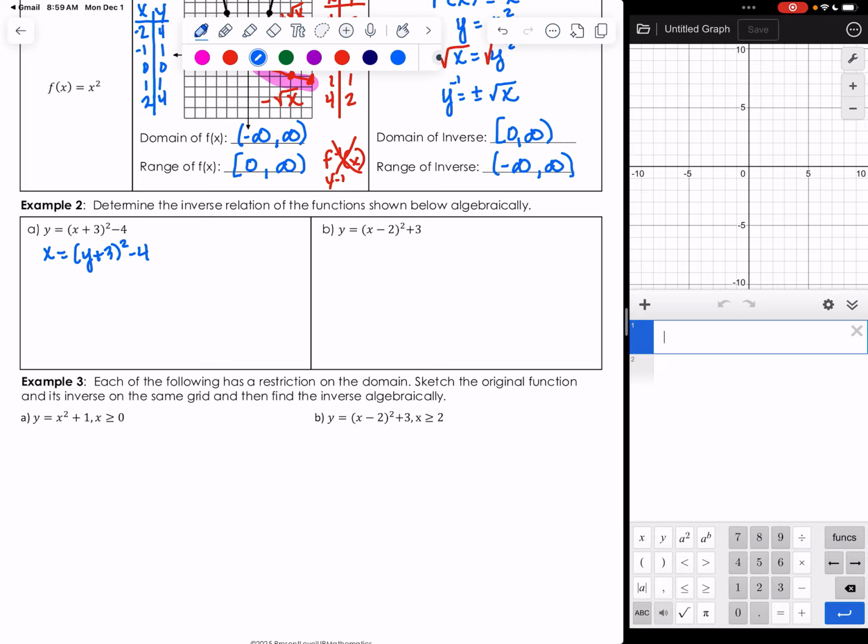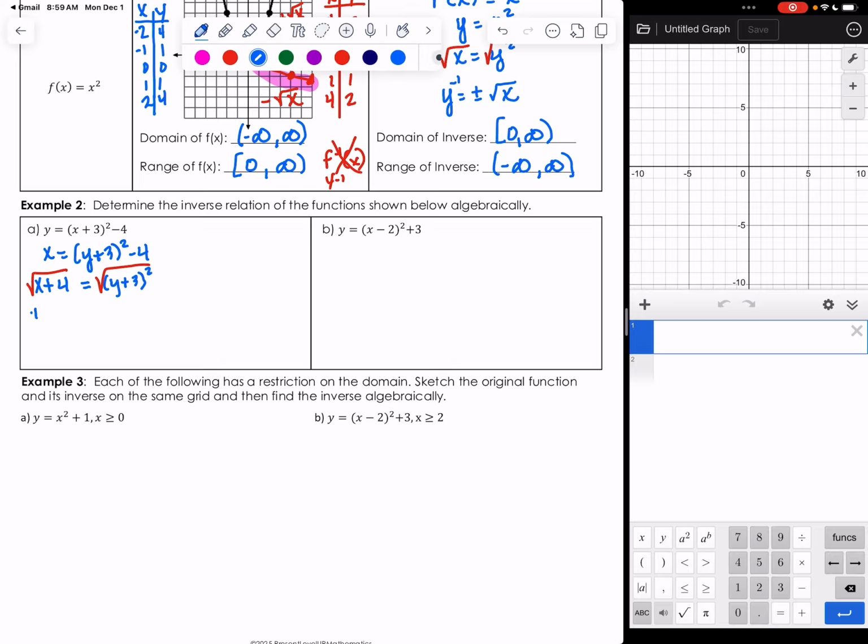Then we're going to isolate the y. So to do that, we need to add the 4. So x plus 4 would equal y plus 3 quantity squared. Now, to get rid of the square, we're going to have to take the square root of both sides.